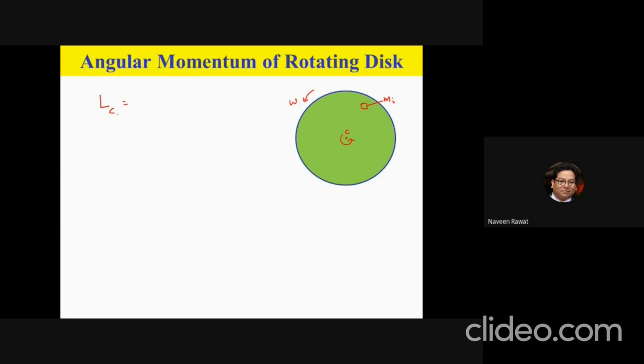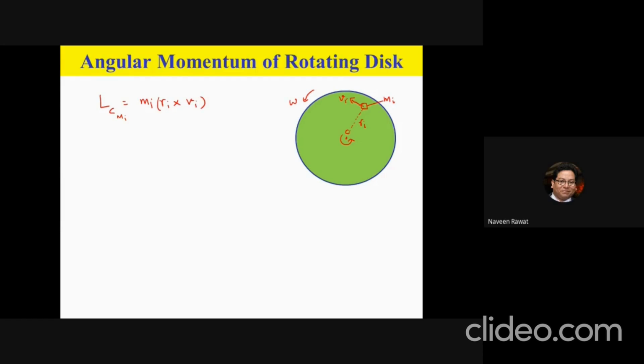The angular momentum of the small mass element Mi will be nothing but Mi times the position of this mass element from the origin, defined as Ri, cross the velocity with which this mass element is moving, which is, let's say, Vi.